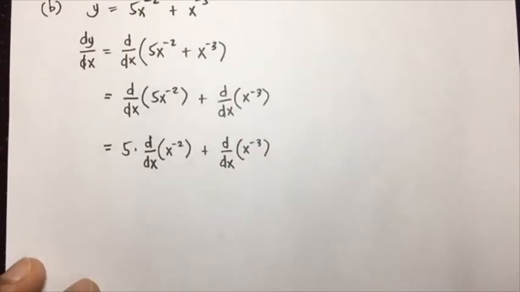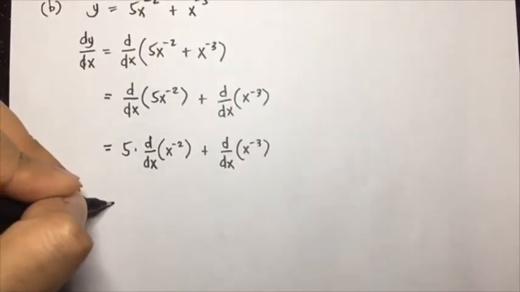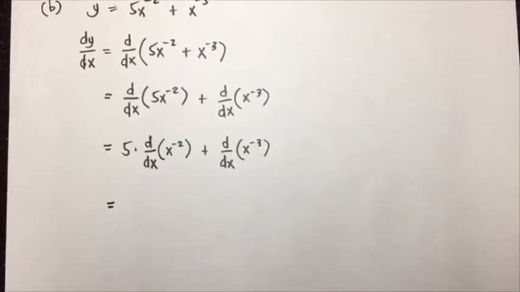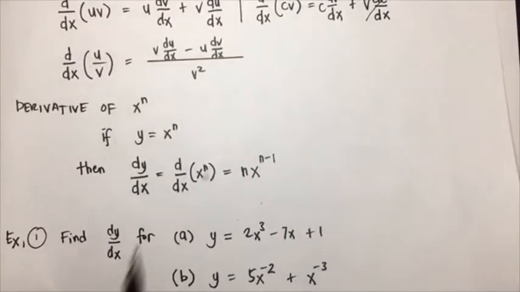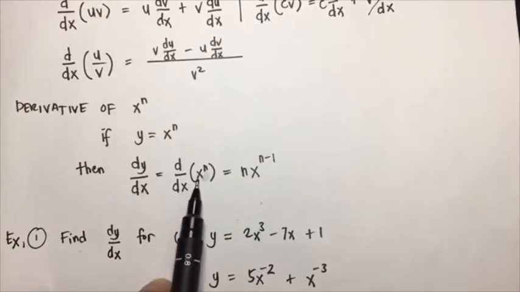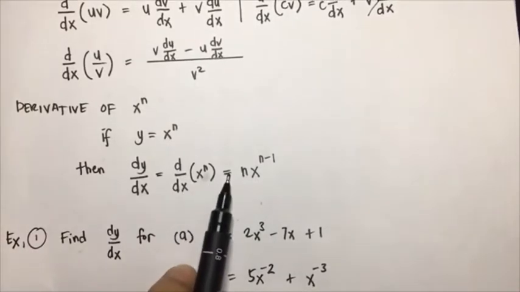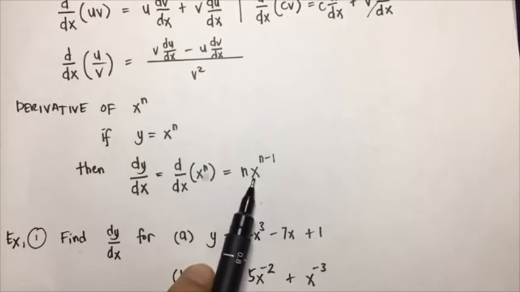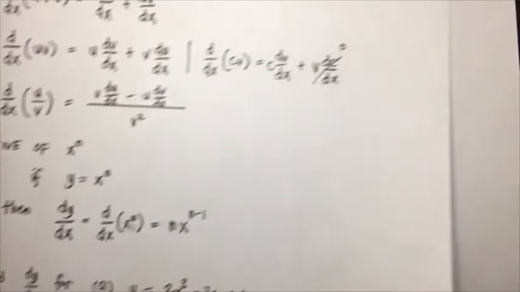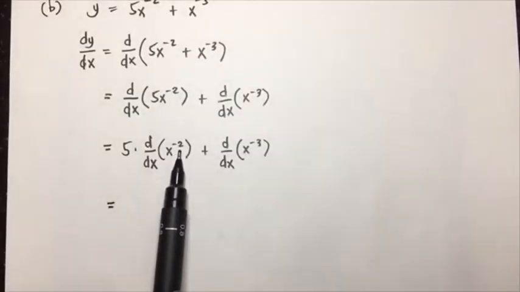Okay, so the next is we apply the derivative for powers of x. The derivative with respect to x of x raised to n is equal to n times x raised to n minus 1. So here our n is negative 2.